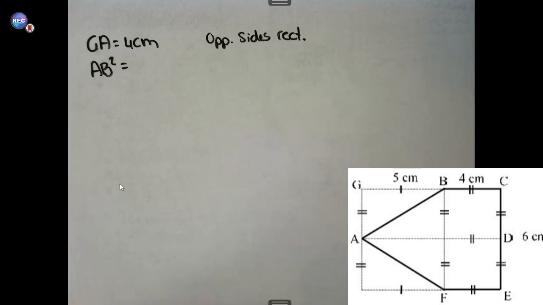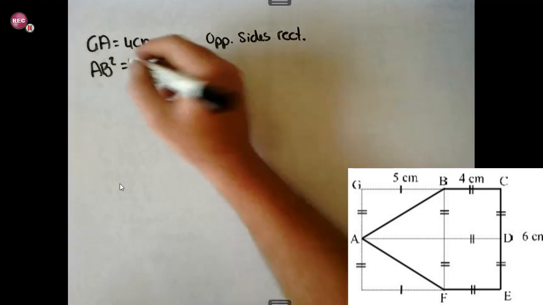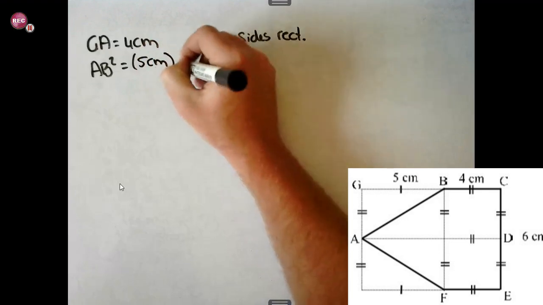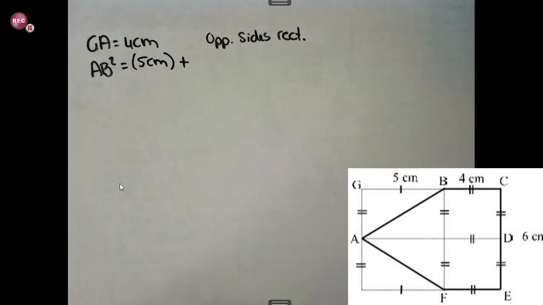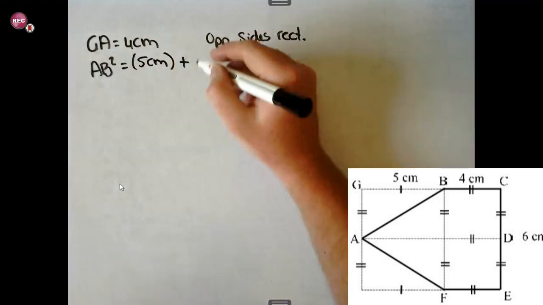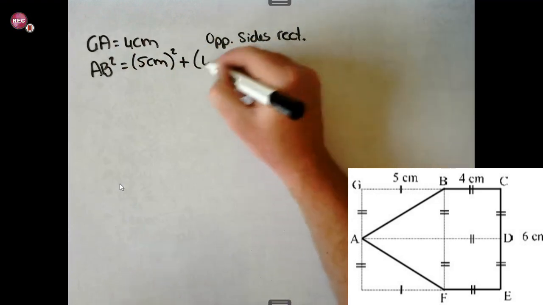So the first one is, I'm going to use 5 centimeters because that is the height of the triangle, and where I find that is represented there by GB. So 5 centimeters, and I'm going to add that to the 4 centimeters, where they told me that GA is 4 centimeters. And remember, this all has to be squared.